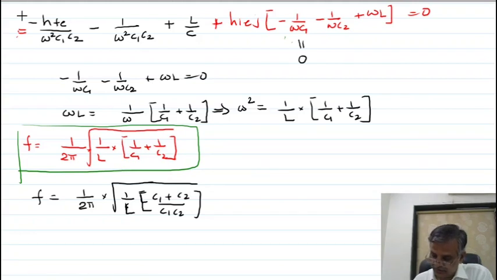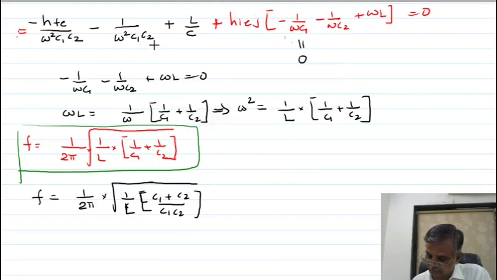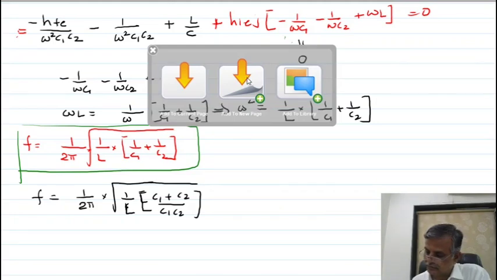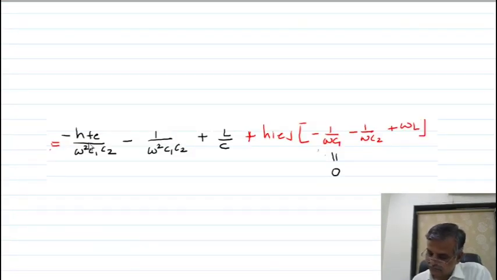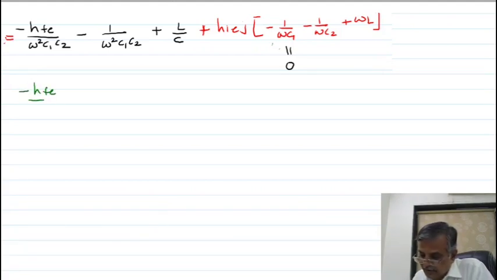See, let me show like this. Here I am putting this as 0, so I will get minus HFE upon omega square C1 C2.